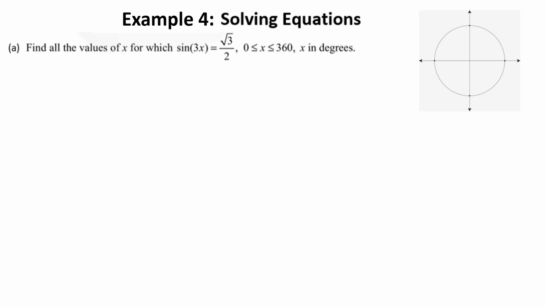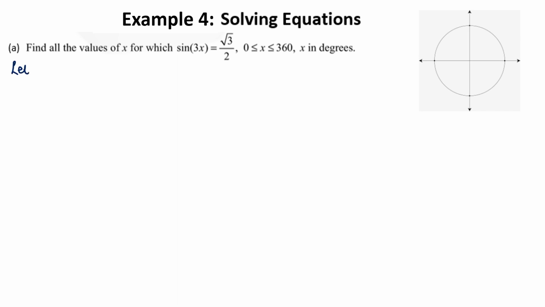Example 3.4, solving equations. Find all the values of x for which sine of 3x is equal to root 3 over 2, where x is between 0 and 360 degrees, and it does say x is in degrees. The first thing I'm going to do, and I would strongly suggest that you do, is change that 3x.